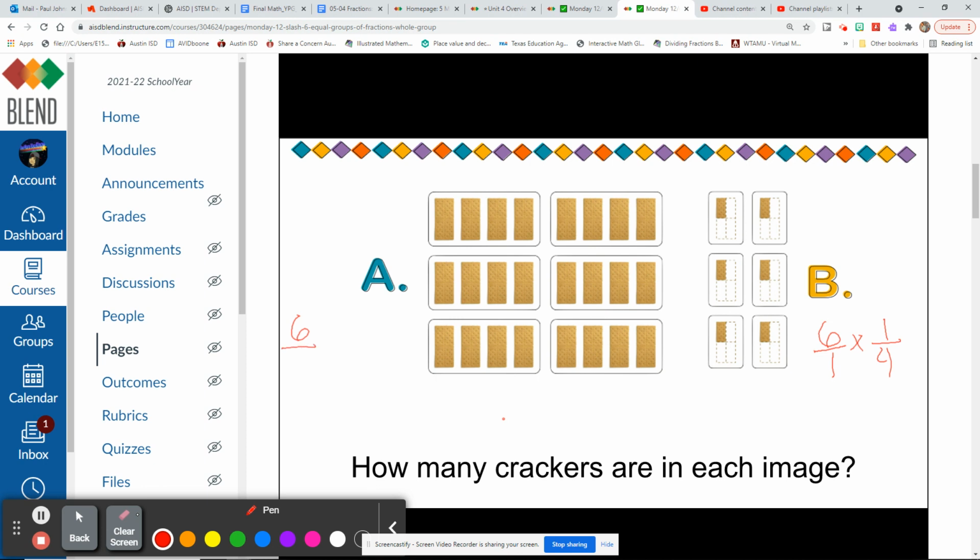I call it the capital T because that's what it kind of looks like, even though it's a fraction bar and a 1 as a denominator. But anytime you need to turn your whole number into a fraction, just give it the capital T, which is basically a fraction bar with a 1 underneath. So what we're going to do is 6 over 1 times 1 fourth.